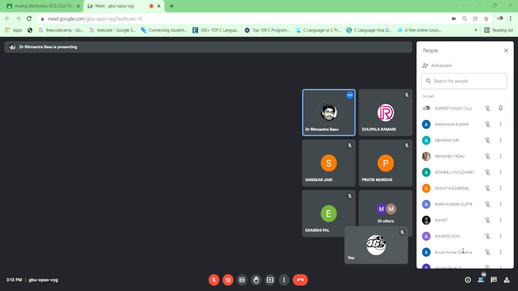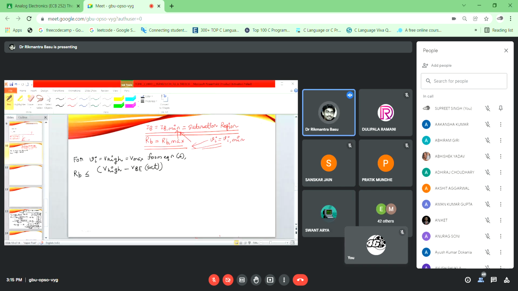So for VI to be V high or V max, from the last equation, that is from equation 6, the condition for maximum value of the base resistance is: V high minus VBE sat, the base emitter voltage drop at saturation, which is also a certain maximum value, and IC sat minus HFE RE, that should be equal to V high, set by your application.